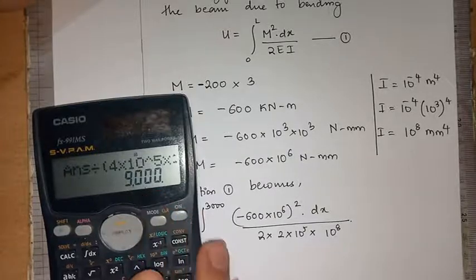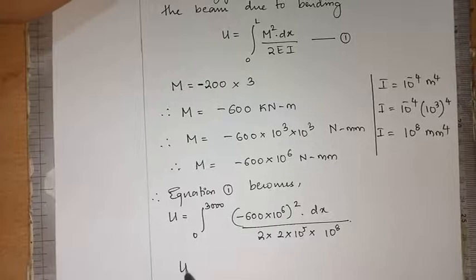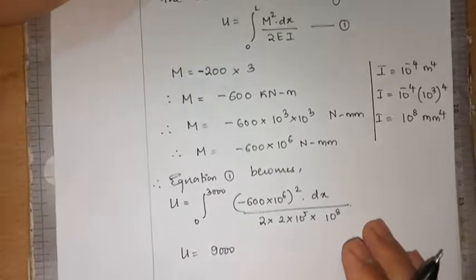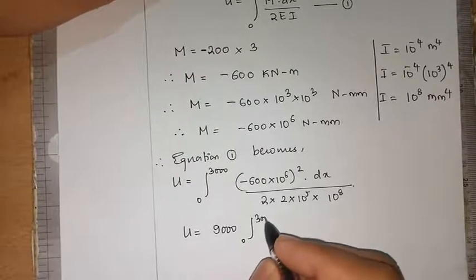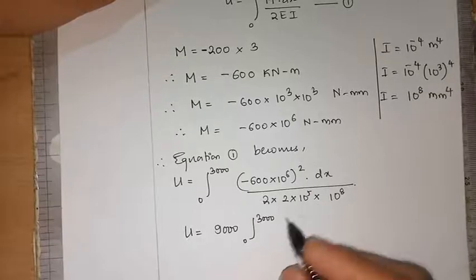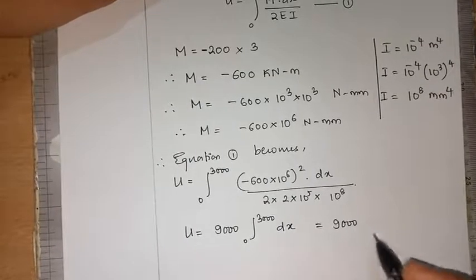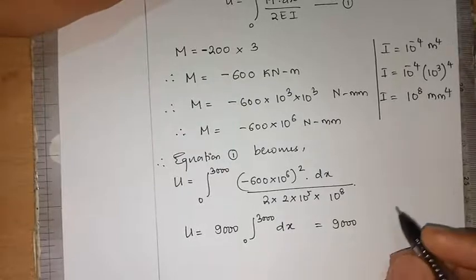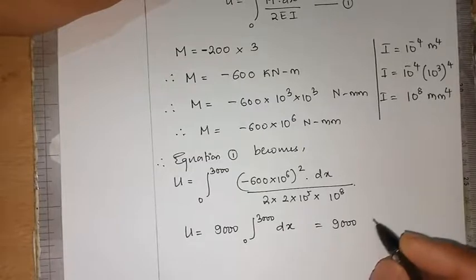So after this simplification, U is equal to 9000 outside, integration of 0 to 3000 dx. So that is 9000 integration of 1 into dx. Right, what do you write? Integration of 1 into dx is x.